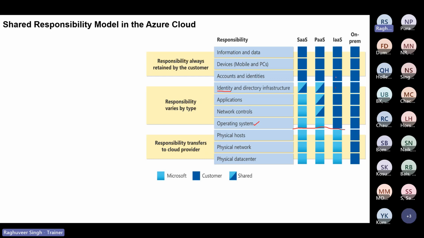All that is your discretion. So it's the customer's responsibility.